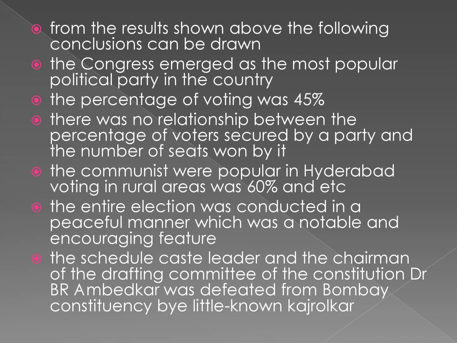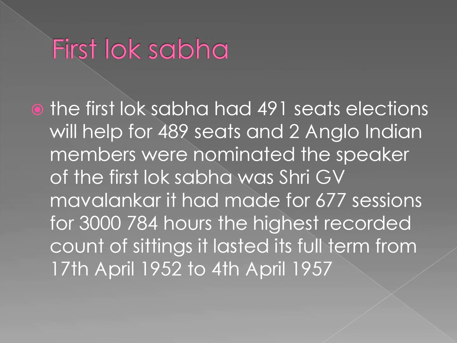The scheduled caste leader and chairman of the drafting committee of the constitution, Dr. B.R. Ambedkar, was defeated from the Bombay constituency by a little known Kajrolkar. The first Lok Sabha had 490 seats. Elections were held for 489 seats and 2 Anglo-Indian members were nominated.